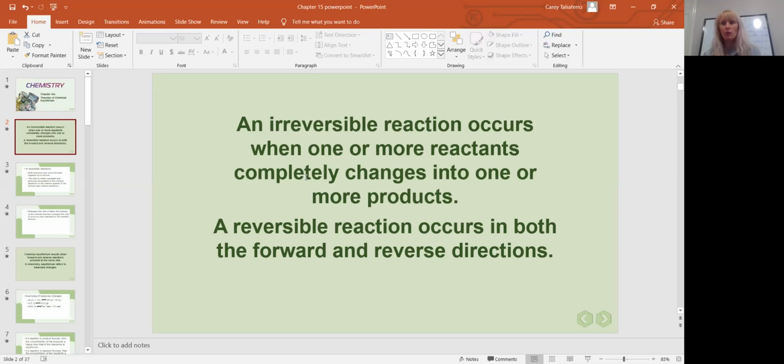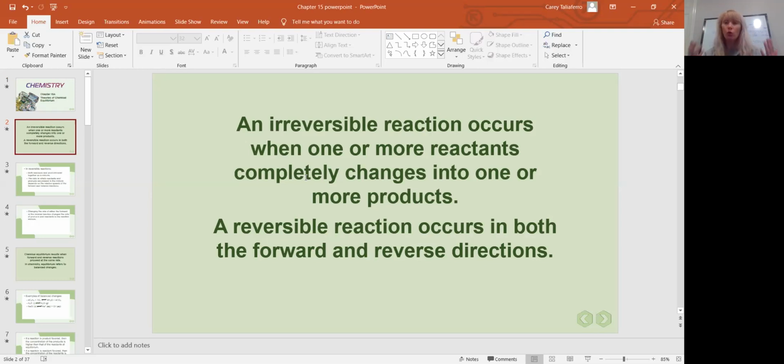So if you think about the way a chemical reaction normally looks, you have your reactants on one side, you have the arrow, and then that points to what's produced, or the products. Well, what happens many times is that there's actually a back and forth. You have your reactants reacting to make your products, but at the same time, the products are breaking back down and reforming the reactants.